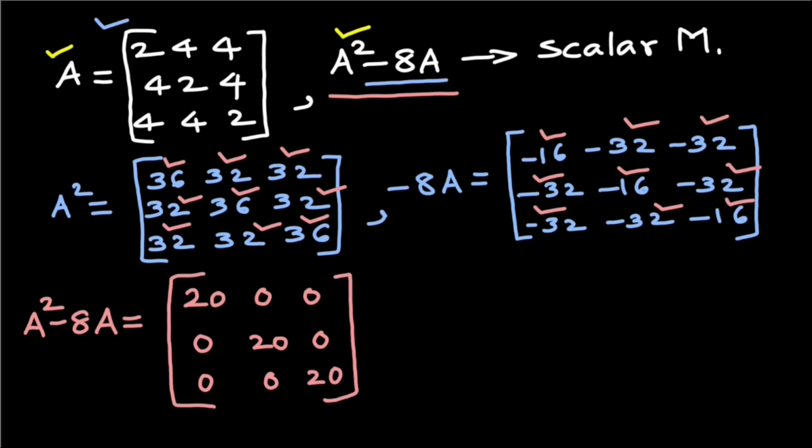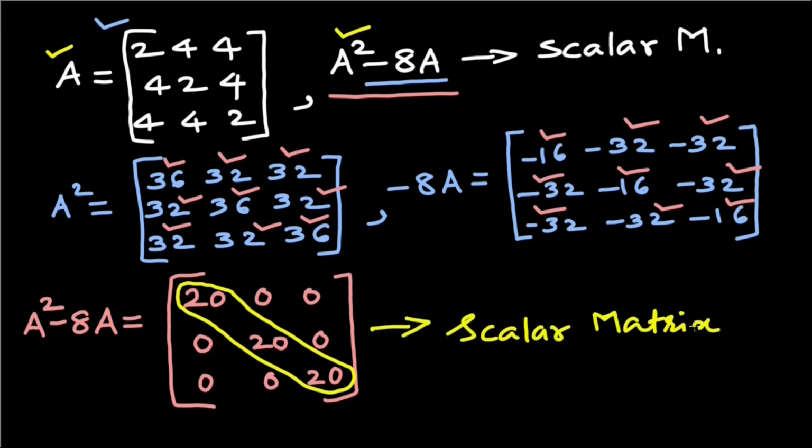Now this is a diagonal matrix with its diagonal elements all equal. So therefore it is a scalar matrix.